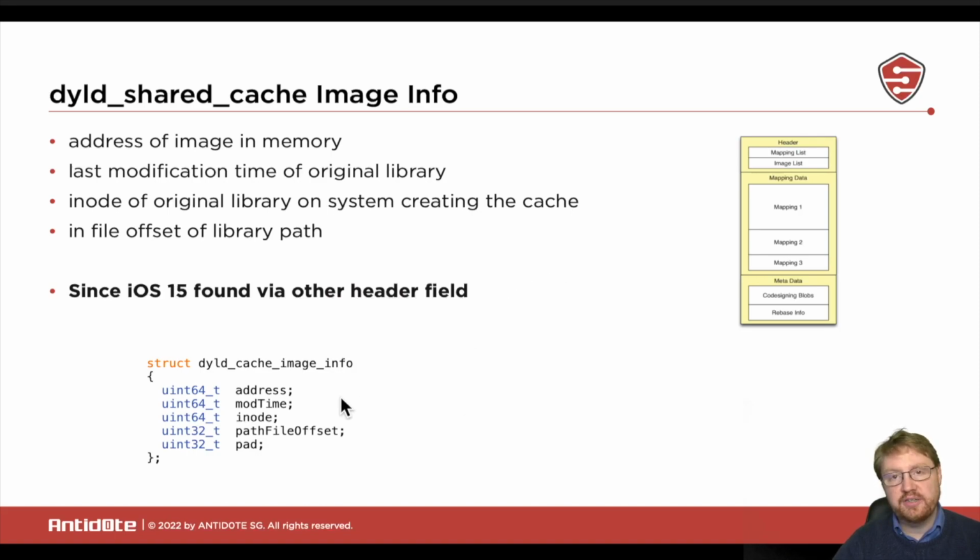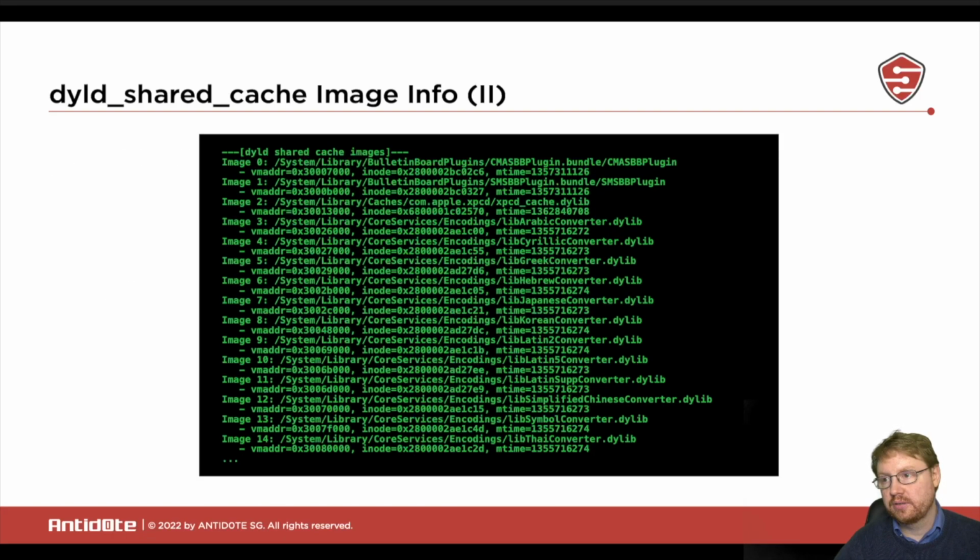The definition basically tells us where this image is in memory, what the modification time on disk was, and what the inode on disk was, so you can identify the actual file. And then you have a string that is the name of the image. This is how it could look.